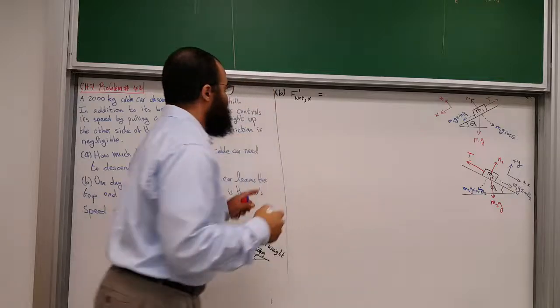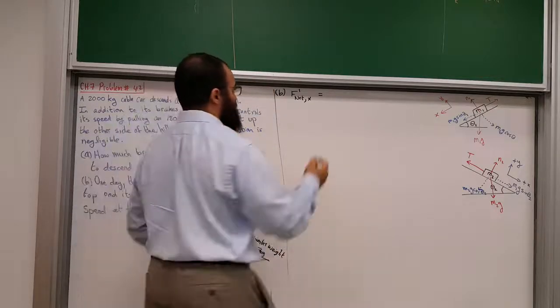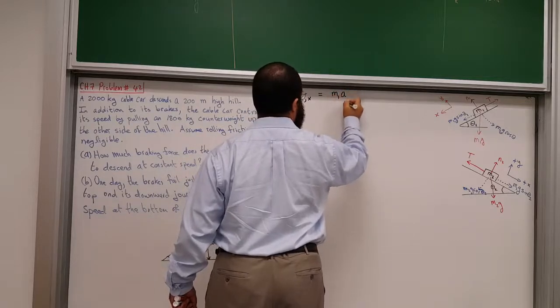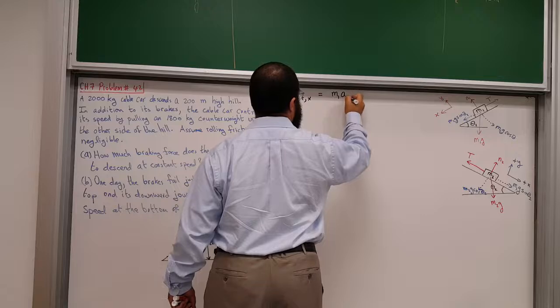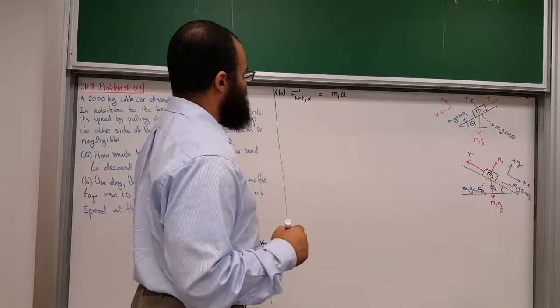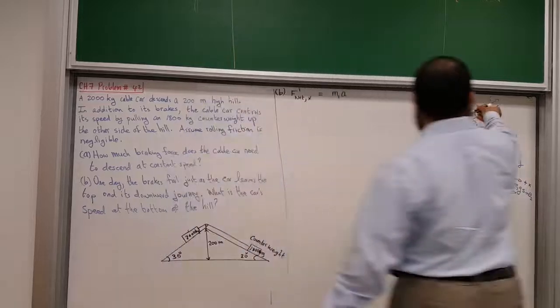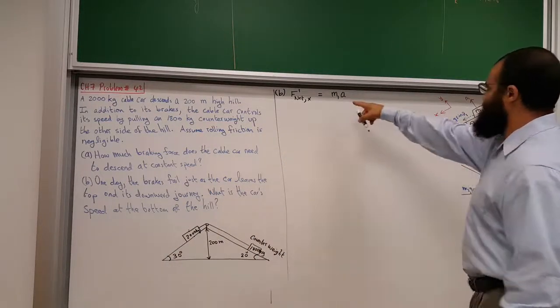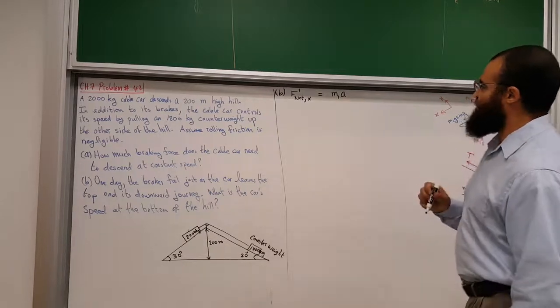So it will equal to mass 1 times the acceleration down the incline. I'm assuming this is the positive direction, and the acceleration, let's assume it's also down the incline, so that's positive. So M1A, that's a positive thing.